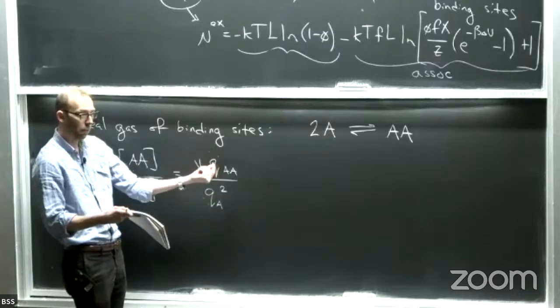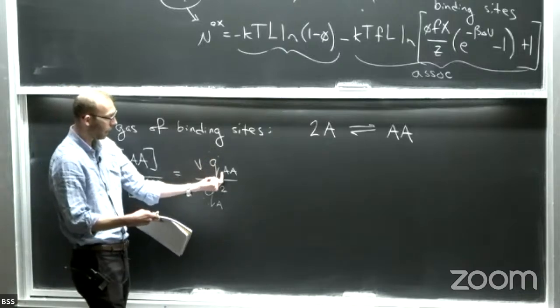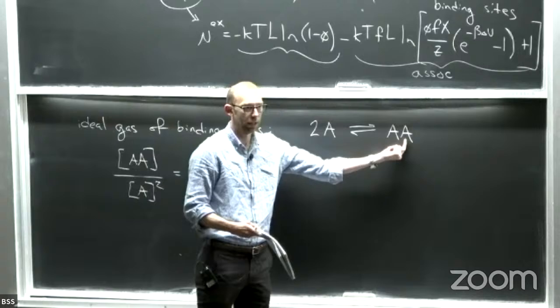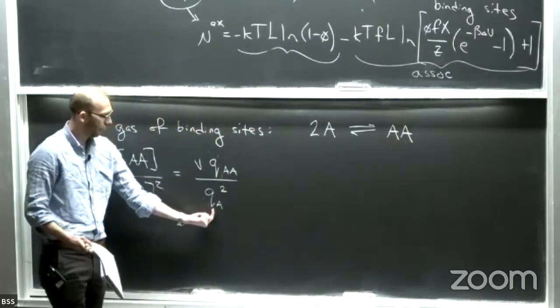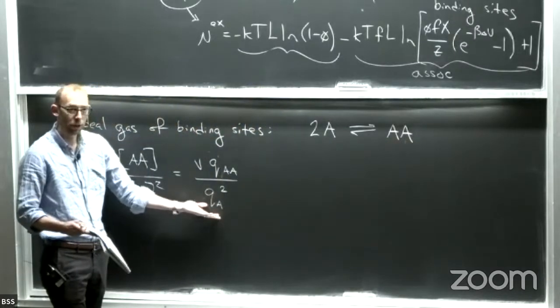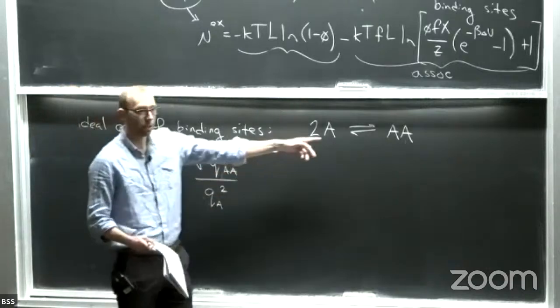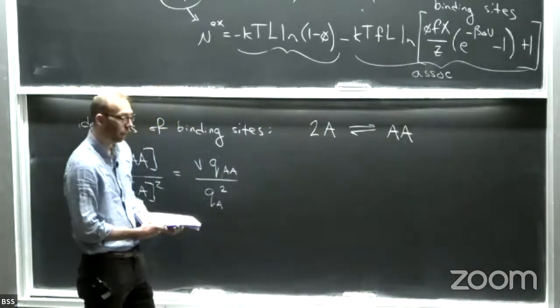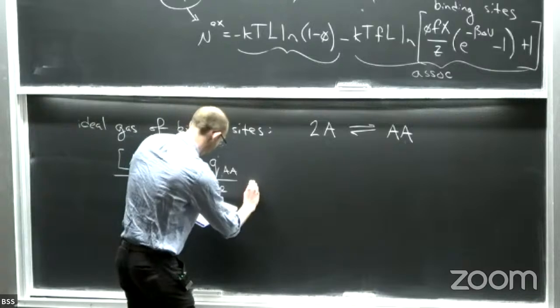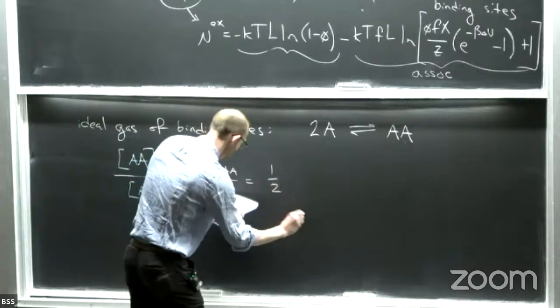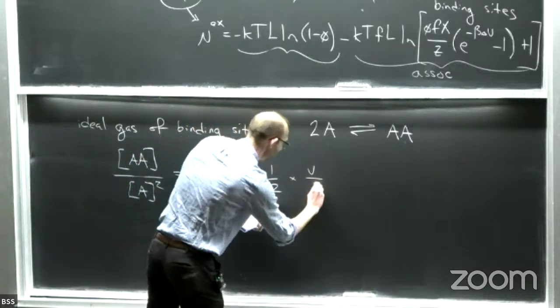That accounts for the fact that there's a bond being formed here, right? And then this would be the partition function for just the monomers. And so what this should end up looking like, I'll explain where this comes from.